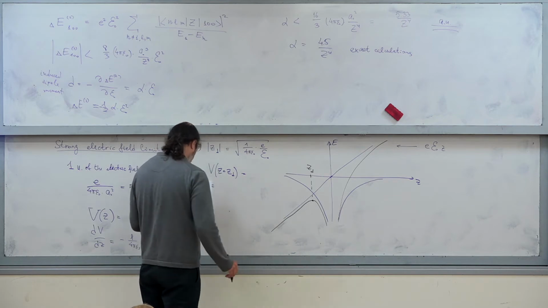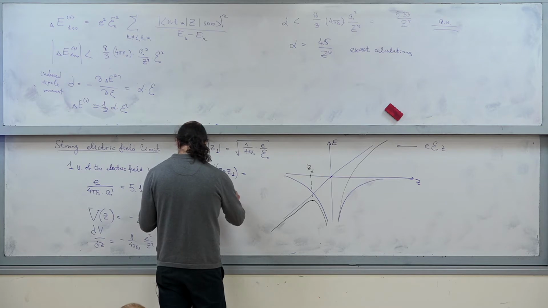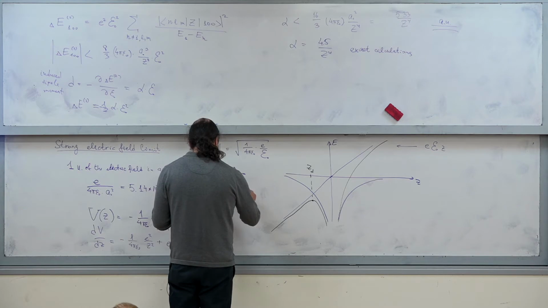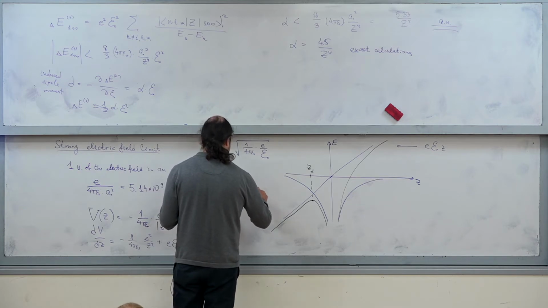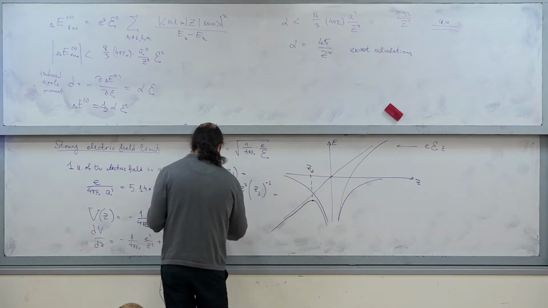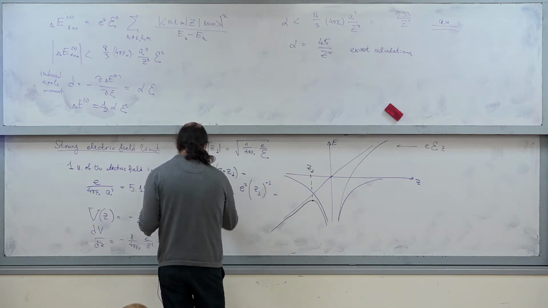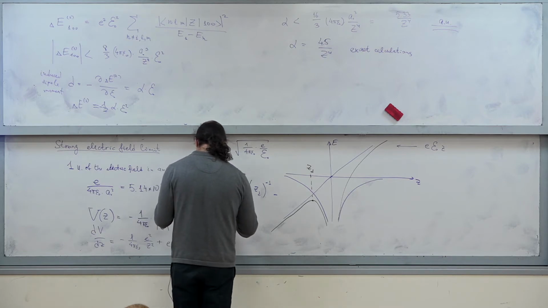This potential will be equal to minus 1 over 4 times pi epsilon 0 multiplied by the charge of the electron squared multiplied by ZD to the power of minus 1. And the second part is minus e E0 multiplied by ZD.